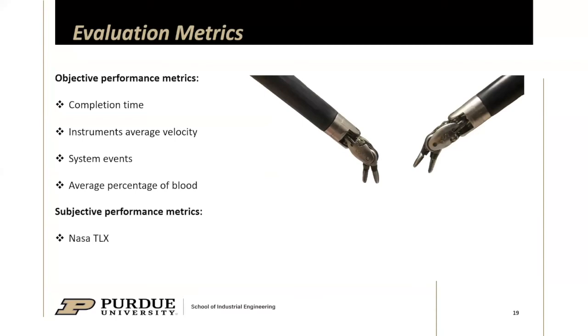We also collected some system events, such as the number of clutching events that the user had to do in both conditions, and the average percentage of blood that was detected on the endoscopic video in both conditions. And then to evaluate the workload demands of the users, we gave them a NASA TLX survey at the end of the experiment.